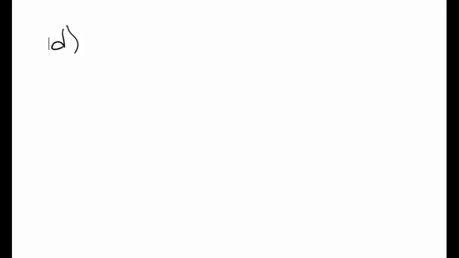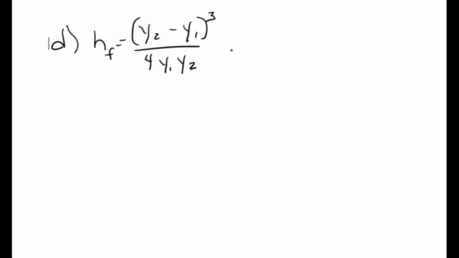We had an equation from our energy equation, HF, straight off your equation sheet again: Y2 minus Y1 cubed over 4 Y1 Y2. Again, I can just plug in, and I'm going to get 0.446 meters.